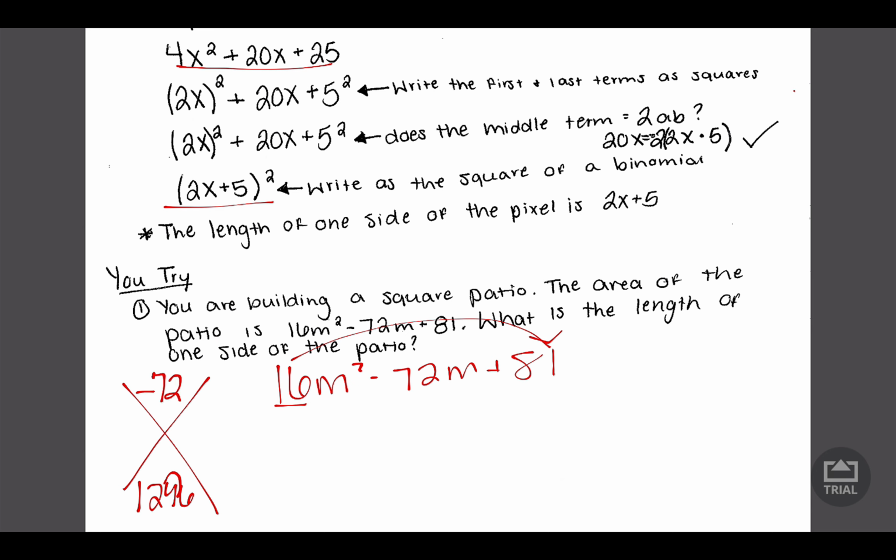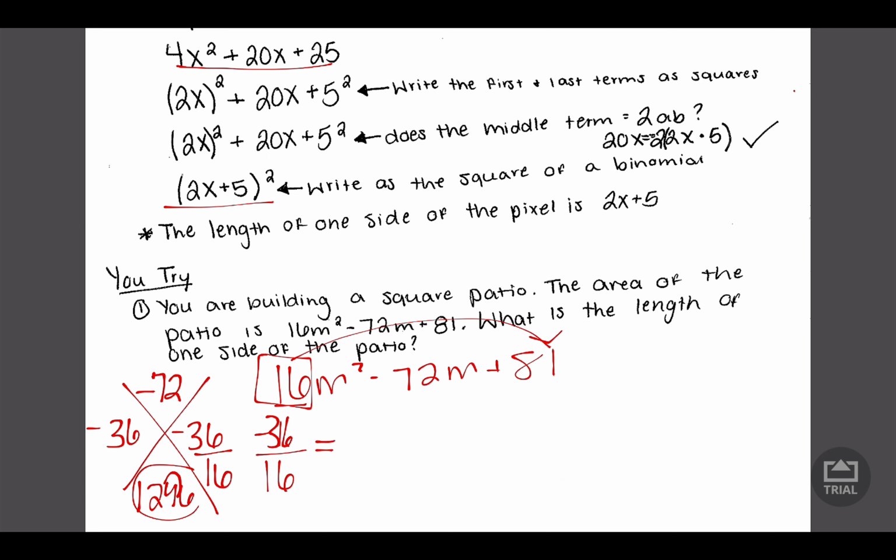Since we're in the perfect square section, you should be able to take the square root of the bottom number, which is 36 times 36, giving us 1296. And they both need to be negative for us to add together and get negative 72. So write it in the form. Oh, I forgot. And remember, when it's got a number out front, you have to take your terms and divide them by 16, or the first term, which is 16, and reduce.